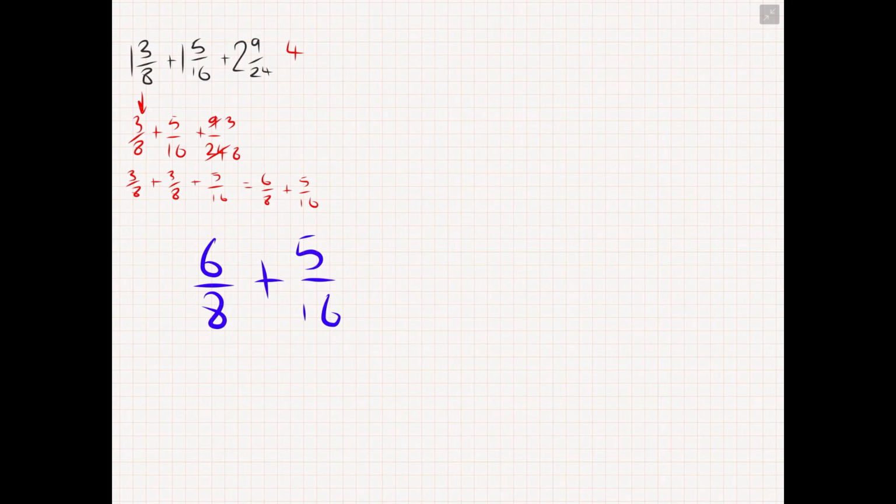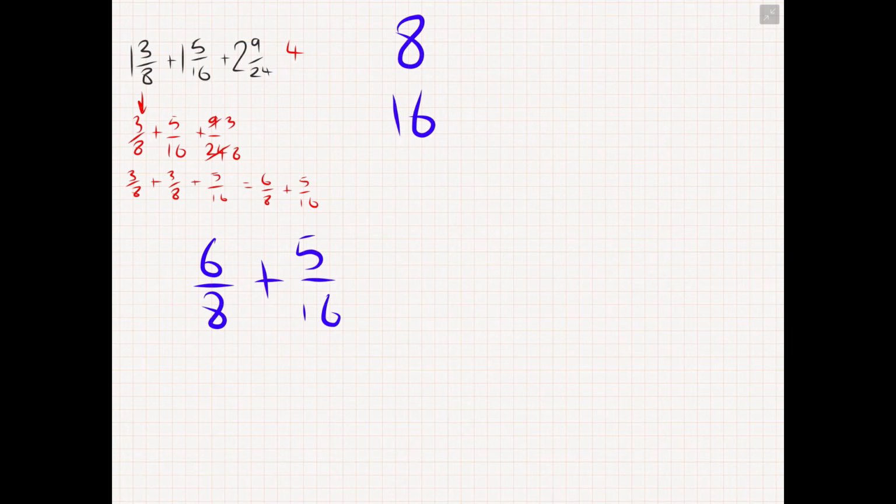So the next thing we do is we need to find the lowest common denominator. In other words, we need to convert all the fractions into the same denominator. The method for finding this is to take each of the denominators, 8 and 16 in this case, and then working from left to right, list multiples of each number, starting with 1s, 2s, and 3s, and so on, until a common number appears.